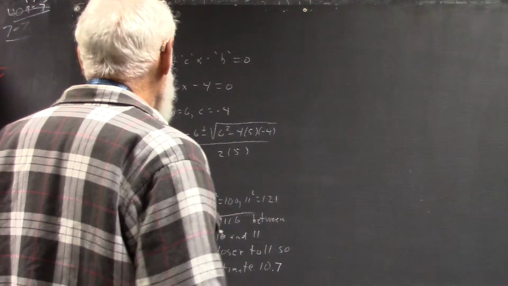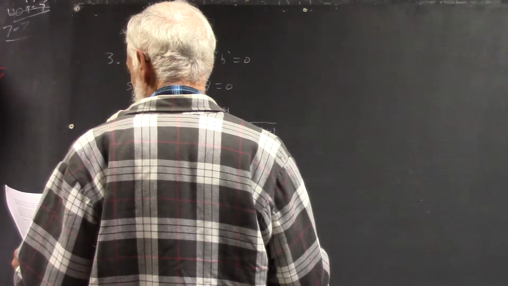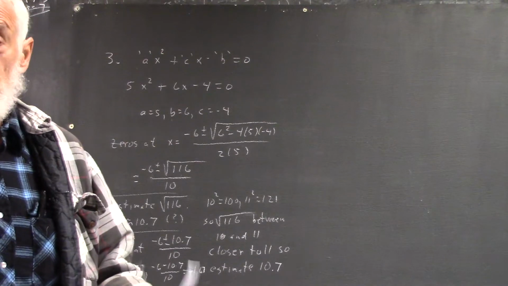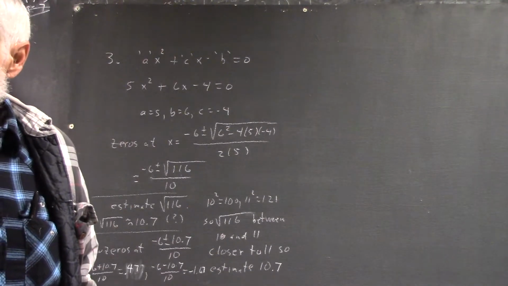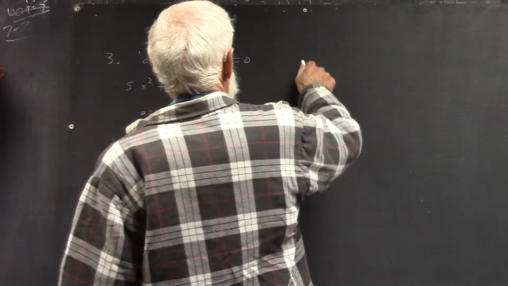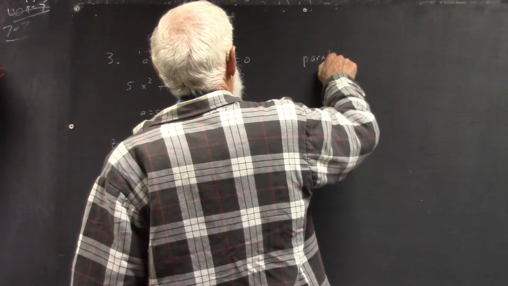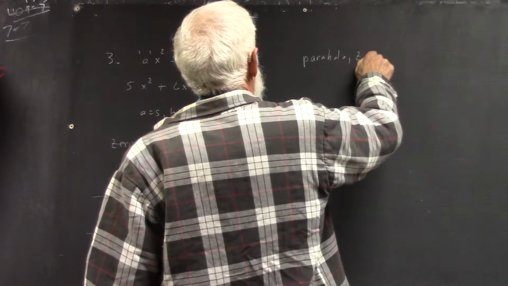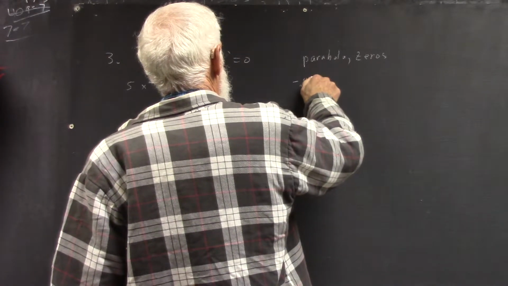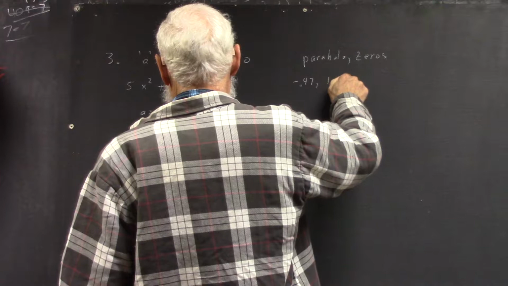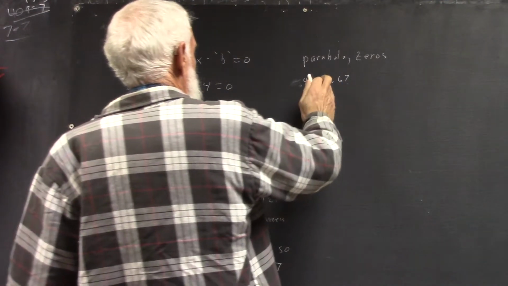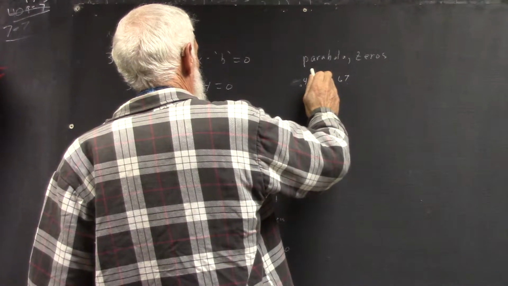Now, that's all I ask you to do in this problem. But I said also know how to use what you know to graph the thing. You know it's a parabola. And that one's negative, this one negative 1.67.